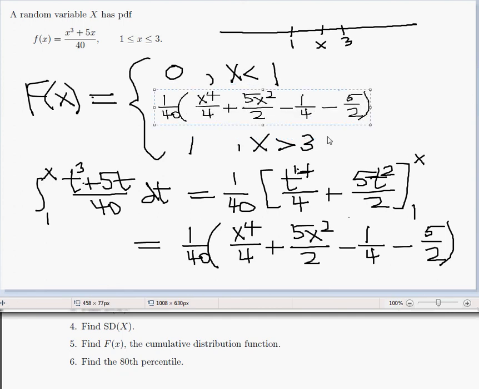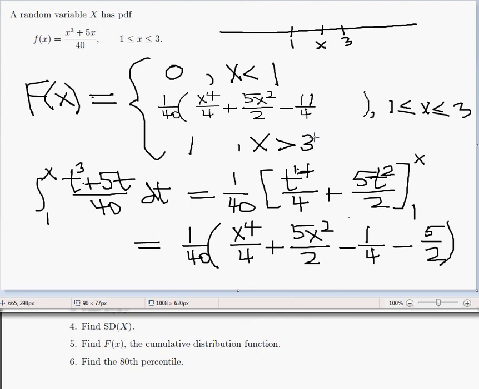So that's the answer in the case that x is between 1 and 3. And of course, I probably should simplify the 1/4 plus 5/2 to be 11/4. So let me do that, minus 11/4, and then get rid of this. So that is the cumulative distribution function.